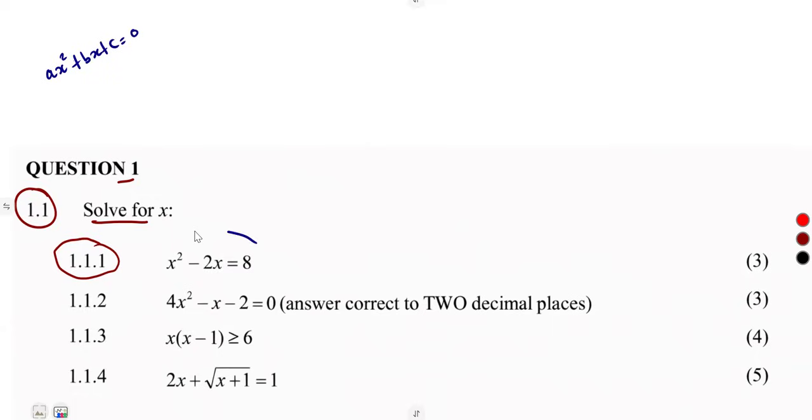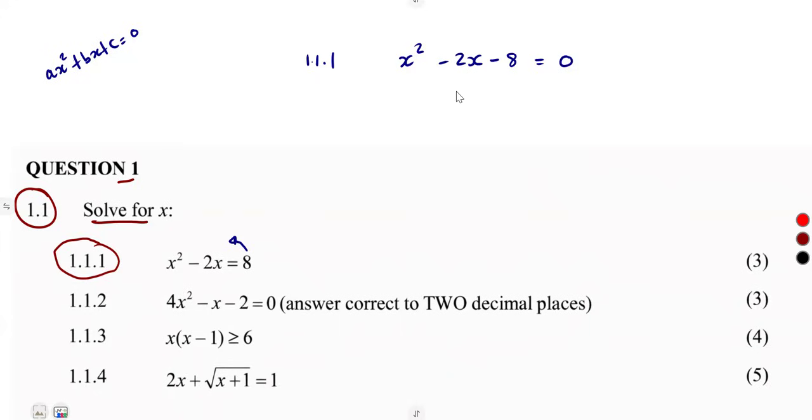So in our case, we must transpose the 8 to the other side so that we remain with a 0 on one side of the equation. You are going to rearrange and have x squared minus 2x minus 8, because 8 to the other side of the equation is going to be a negative, equal to 0.